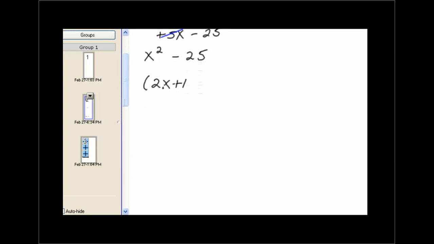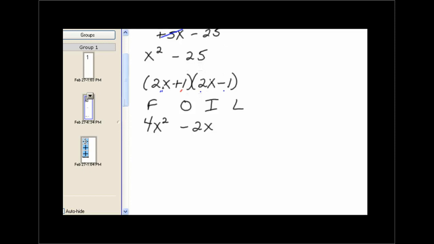2x plus 1 times 2x minus 1. So let's begin with our products. 2x times 2x is 4x squared. Then we have outside terms, 2x times negative 1 is negative 2x.